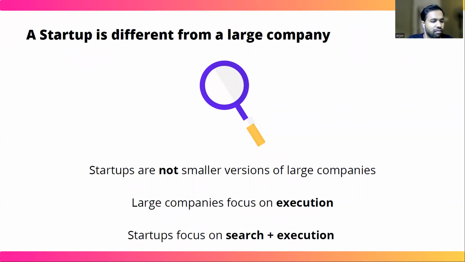So why is a startup different from a large company? You can ask me a question: why can't we consider a startup as a smaller or miniature version of a larger company? Because larger companies started here and now they are here.